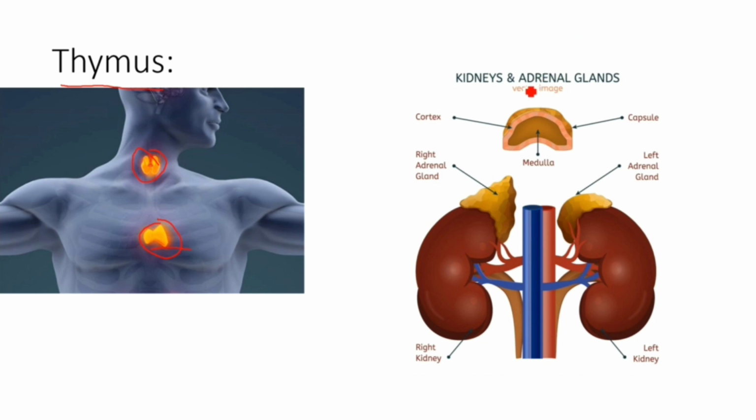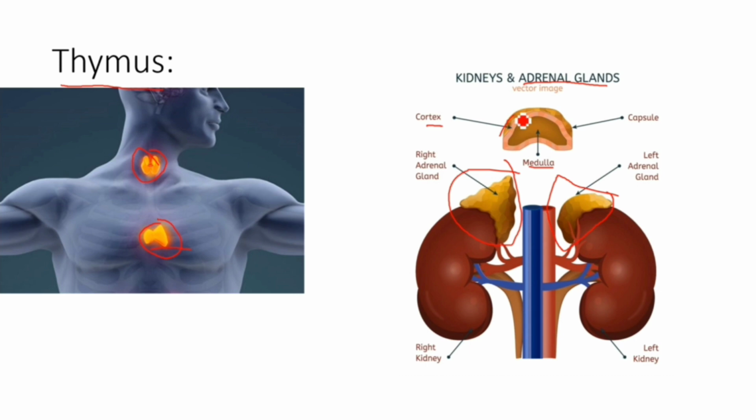And now we will talk about another endocrine gland, that is the adrenal gland. Adrenal glands, as we can see, these are the adrenal glands. These are on the top of the kidney, it seems like they are the hat of the kidney, right? So these are the adrenal glands. The adrenal gland has different regions, that is the cortex region and the medulla region.